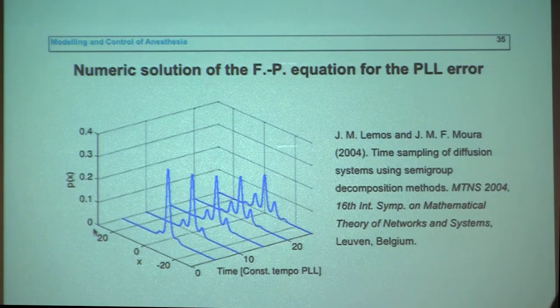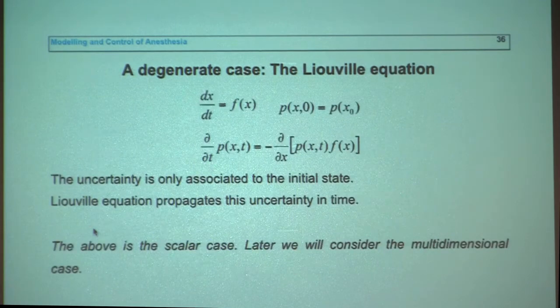Okay, and you want to estimate the process, but the problem is that your observations are periodical. So after a while, you start invading parts where you have an error that accumulates, which is 2 pi and 4 pi and so on, and minus 2 pi and so on. That's why, as time progresses, the error is diffusing, and these modes here are being enhanced. Okay? So this has nothing to do with anesthesia.